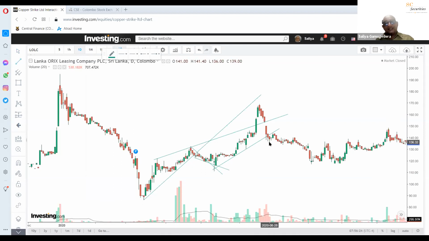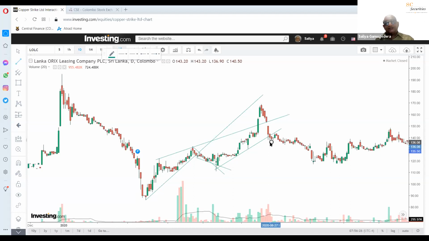So I'm connecting that significant low with another significant low of my choice, right? There is no hard and fast rule. Anybody can use whatever the significant low that he believes in, right? And here you can see when I'm using this low and stretching it forward.